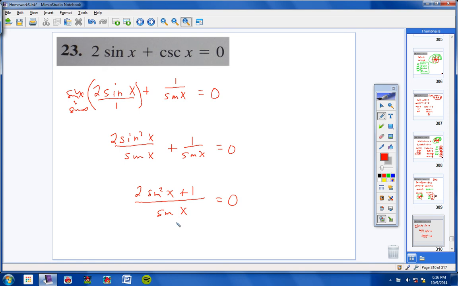Now from here, students, you should know what to do. We have a fraction that has sine in the denominator, so I'm going to multiply both sides by sine to get rid of my fraction, okay? Now listen, anytime you multiply an equation by an unknown, sometimes you can gain answers that shouldn't be there, okay? So, always be aware of that.